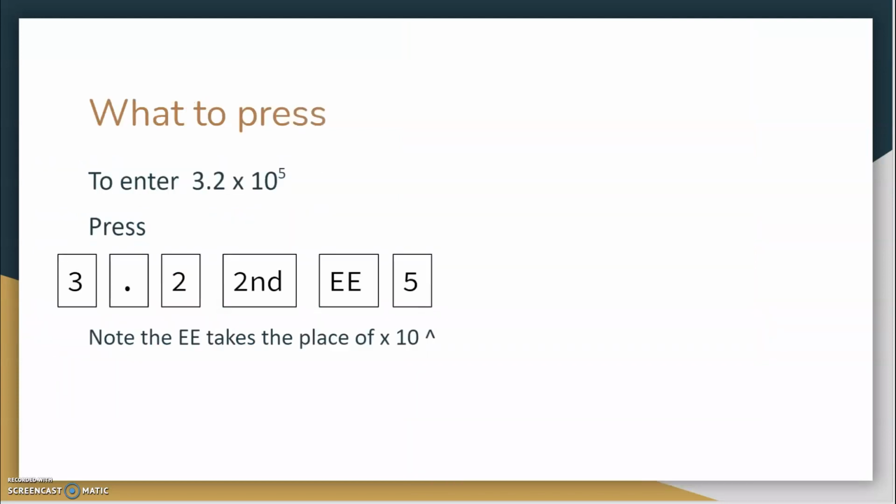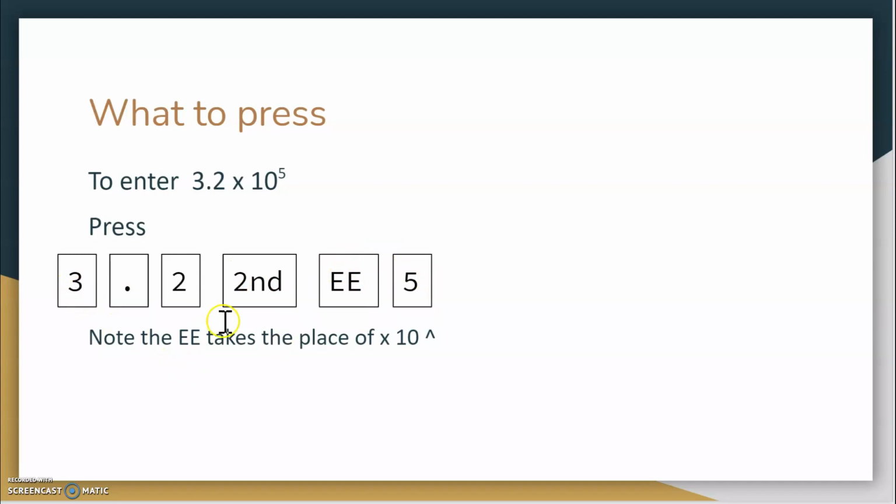So let's put 3.2 times 10 to the 5th into our calculators. You're going to press these numbers in this order. You're going to press the number 3, the period, the decimal, and the 2, and then you're going to push the second button, if you're using the TI-30, the EE button, and then the 5.